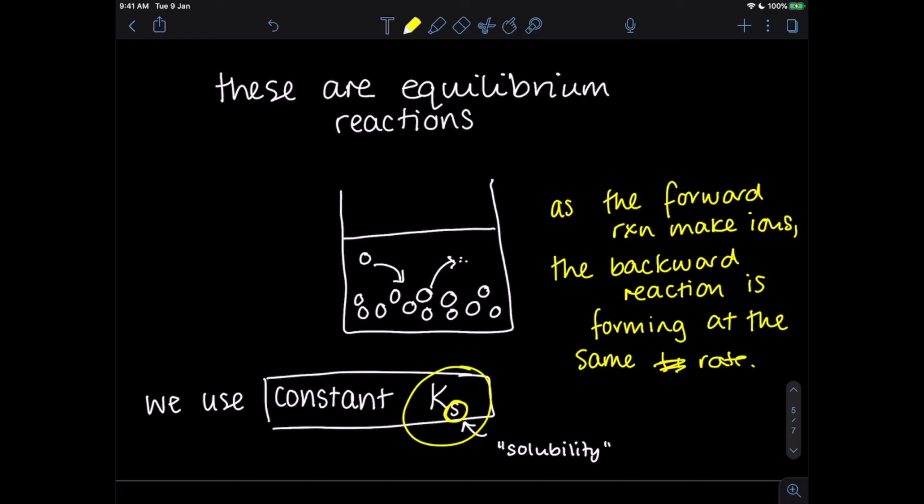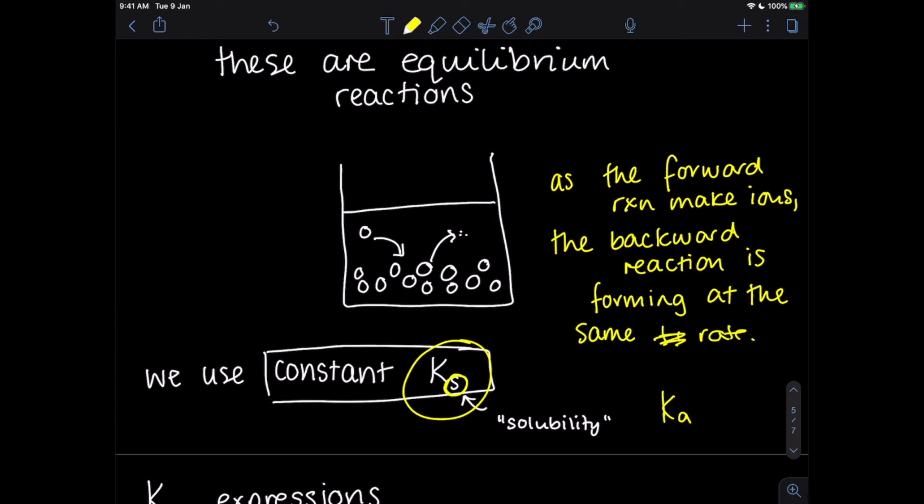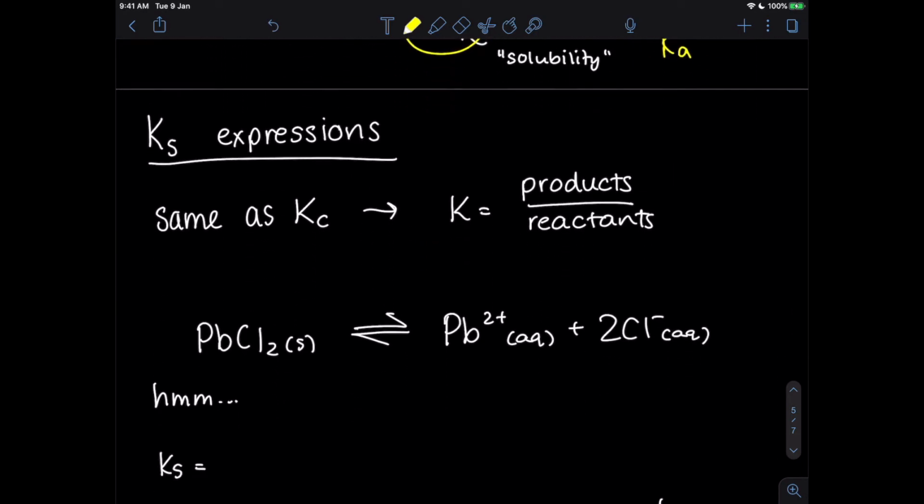So that tells me that this is an equilibrium reaction that is specifically to deal with dissolving solids. Later, we will look at Ka, which is specifically for equilibrium reactions that involve acids. So A for acid, K for equilibrium reaction. So for this section, we're looking at Ks reactions, or Ks expressions.